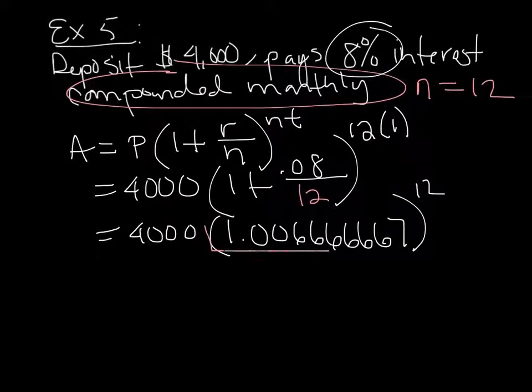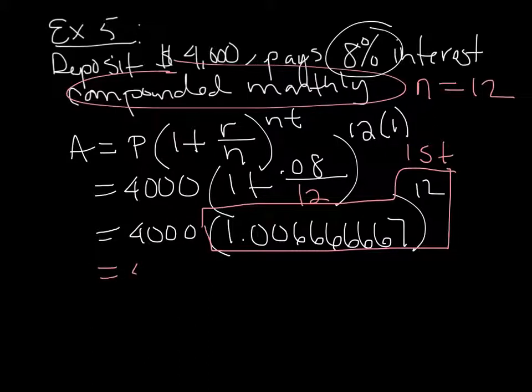You don't want to write this 12 times, but you do this operation first. In my calculator, I already have this 1.00666, so I don't want to type it in again. I hit the caret symbol, and it says answer raised to a blank box, and I input 12.